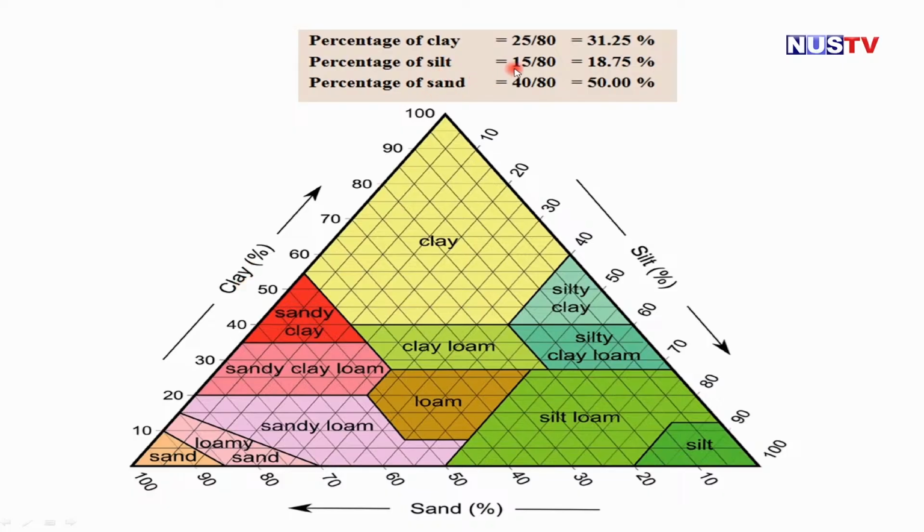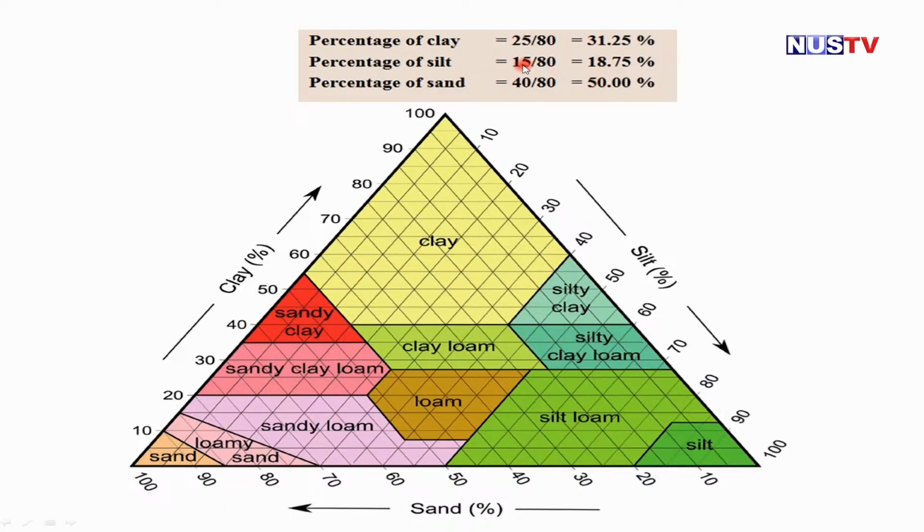The silt is 15 divided by 80 times 100 is equal to 18.75%. And for the sand, 40 divided by 80 times 100 is equal to 50%.